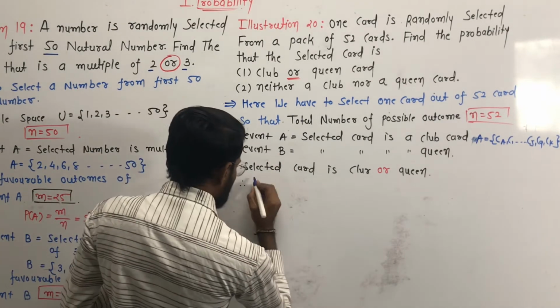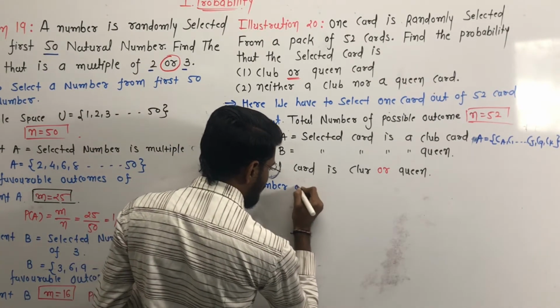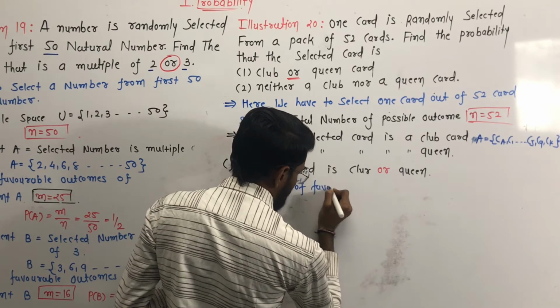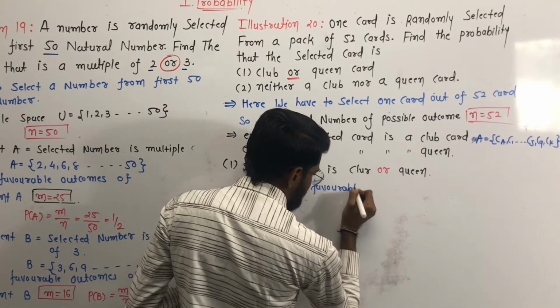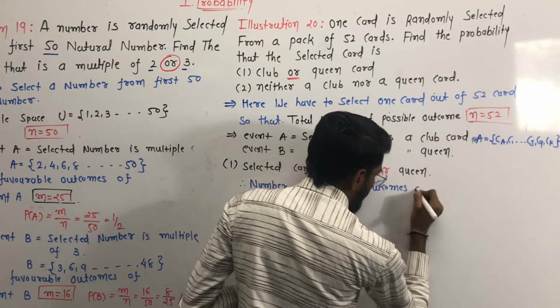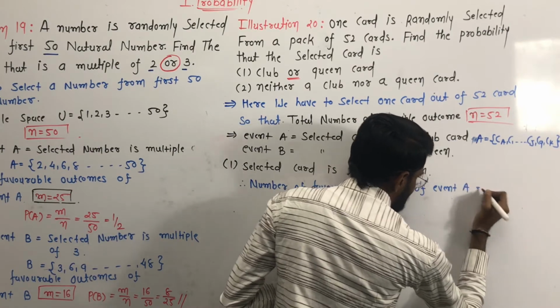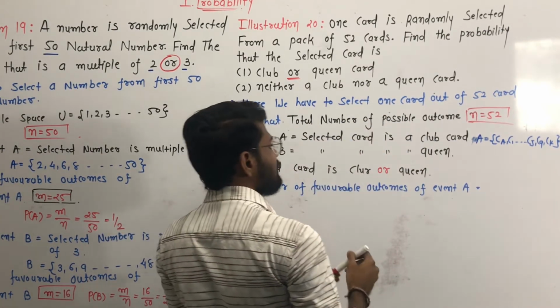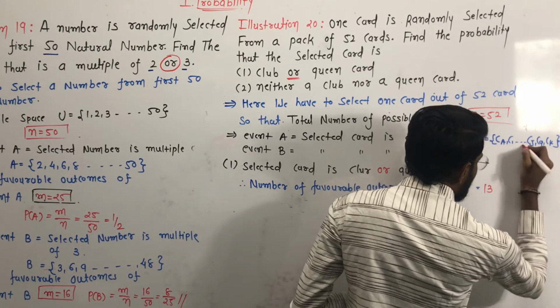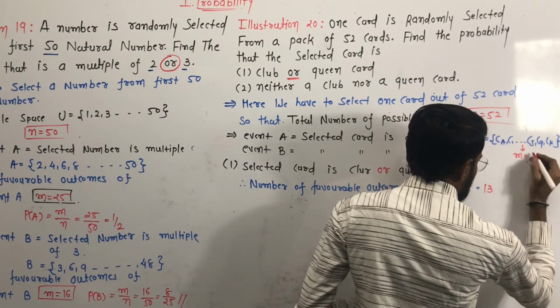So the number of favorable outcomes of event A is m equal to 13.